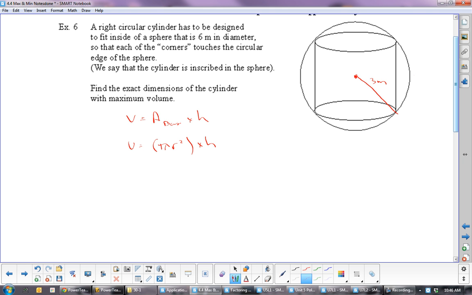So we want to maximize that formula. Remember, pi is not a variable. So we only have 3 variables. We need to either get rid of r or get rid of h. Okay, this is h. This would be r.